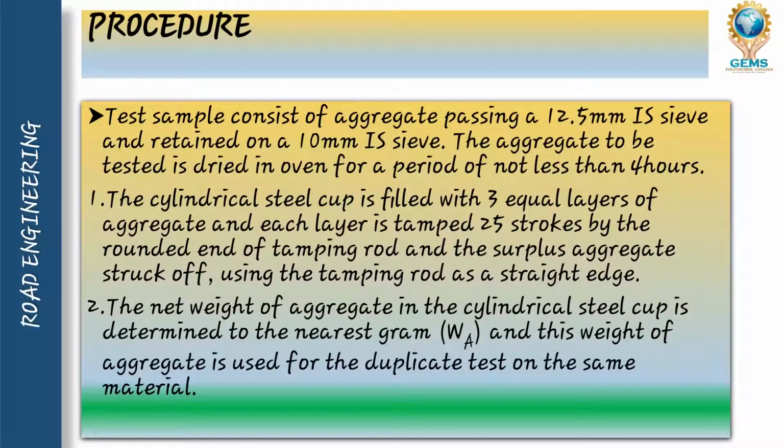The net weight of the aggregate in the cylindrical steel cup is determined to the nearest gram as WA. That will be the initial weight of the aggregate. This weight of the aggregate is used for the duplicate test of the same material.